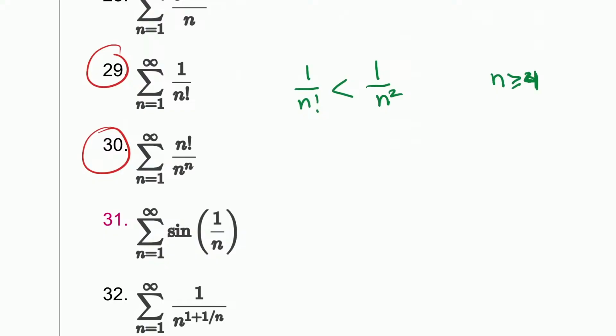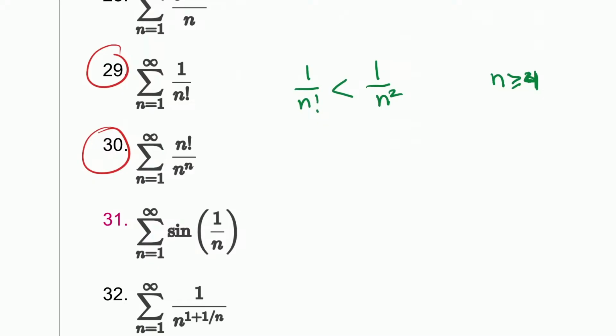Well, think about factorials. Factorials, you're multiplying n times n minus 1 times n minus 2 times n minus 3, etc. So you keep multiplying a bunch of stuff together, whereas this is just n squared. There's only 2 factors in that product. So as long as you have enough factors together, you're definitely going to be bigger than n times n.